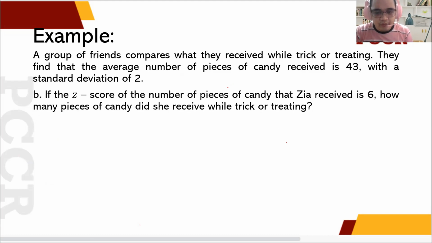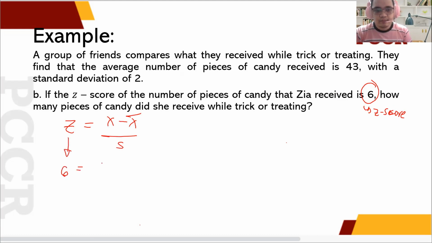Okay? So how about the next one? If the z-score of the number of pieces of candy that Zia received is 6, how many pieces of candy did she receive while trick or treating? In this case, given the z-score, we need to find the raw score. So it is still the same, you have z equals x minus mean over standard deviation. We know that the z-score is 6. So what we will find is the raw score that has a z-score of 6.